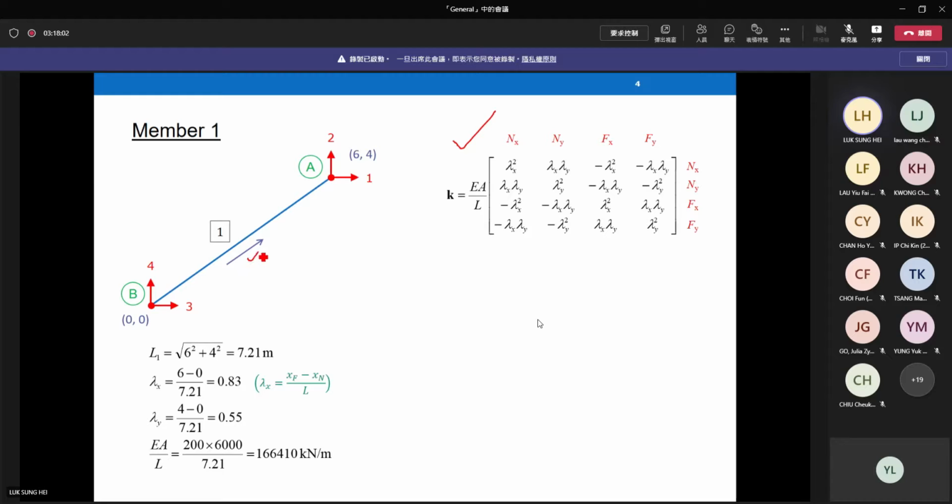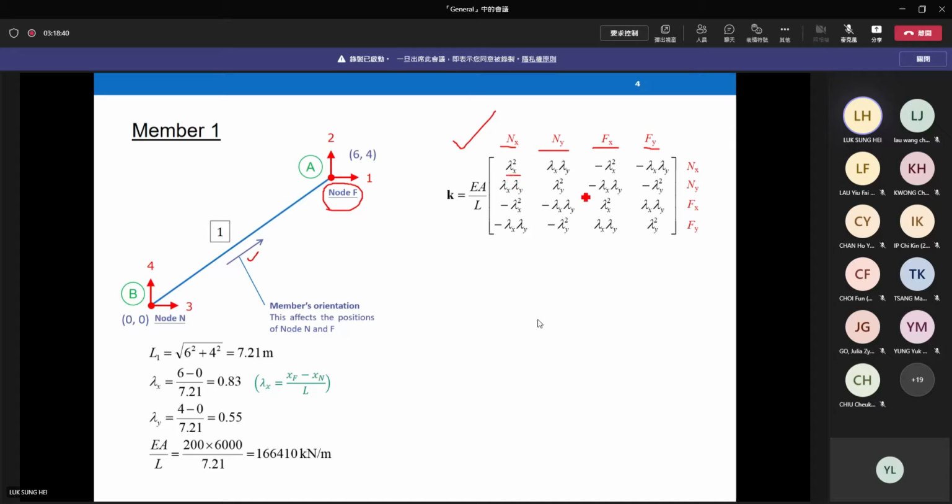This is the member orientation, pointing towards point A. This member orientation affects the positions of N and F. The arrow always points to node F, the far node, while the other side should be node N. So in this case, you know the arrangement Nx, Ny, Fx, Fy immediately: 3, 4, 1, 2.